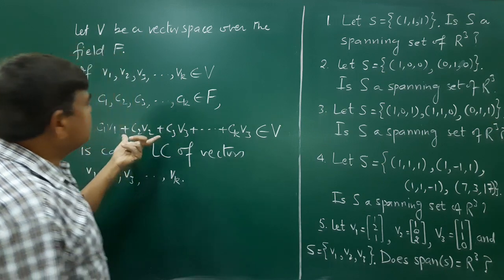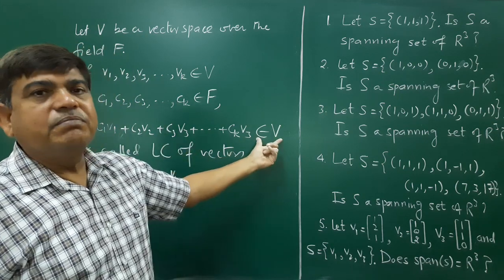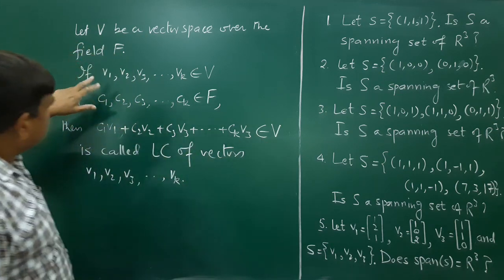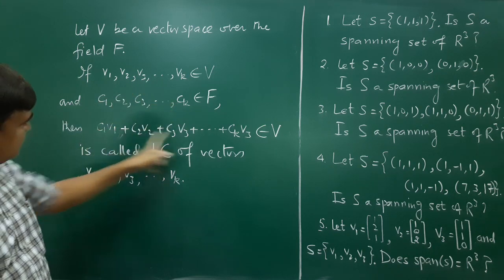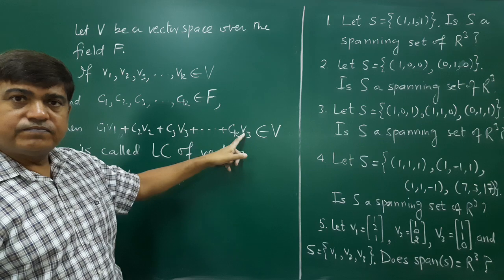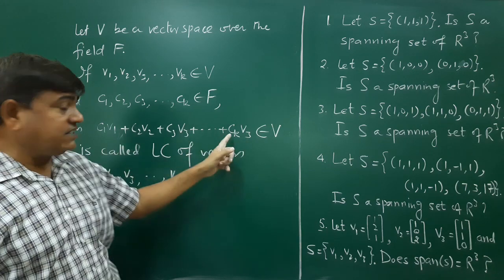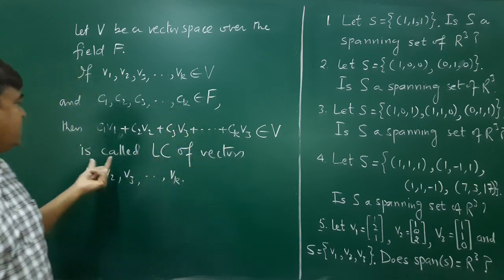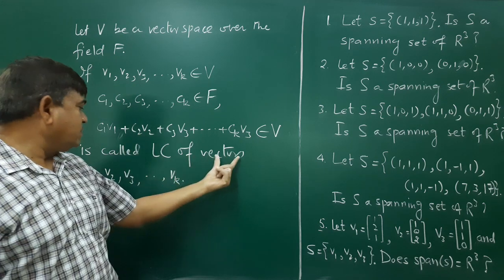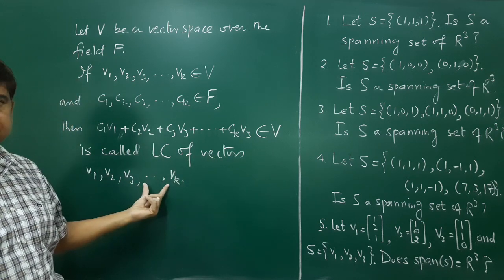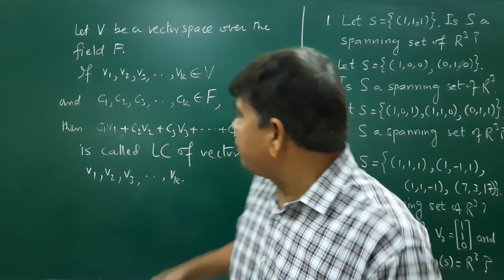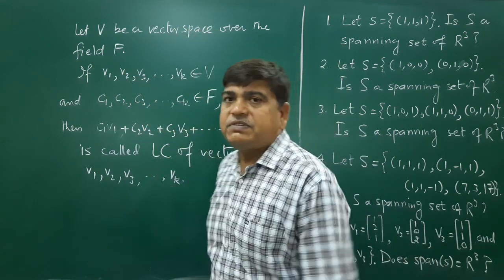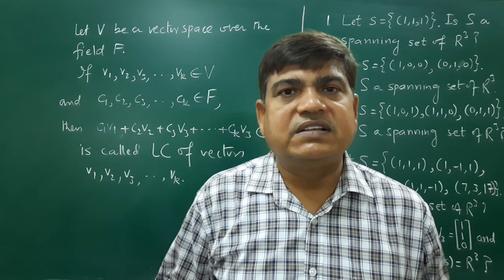So definitely this expression will be a member of V. If these are the vectors and these are the scalars, then this expression is known as the linear combination of vectors. Remember, we have developed this concept with the help of several examples.